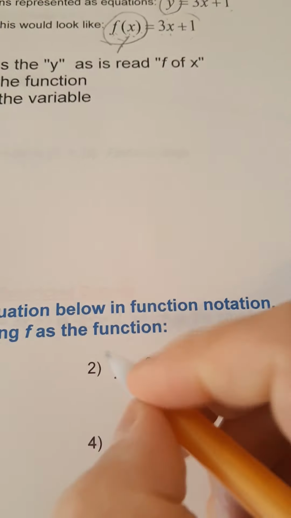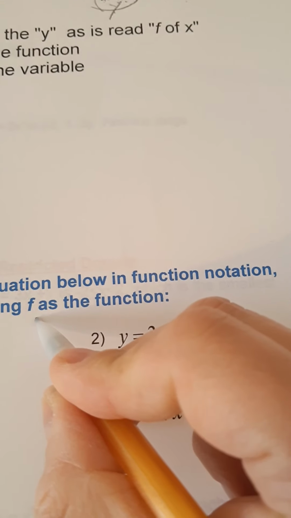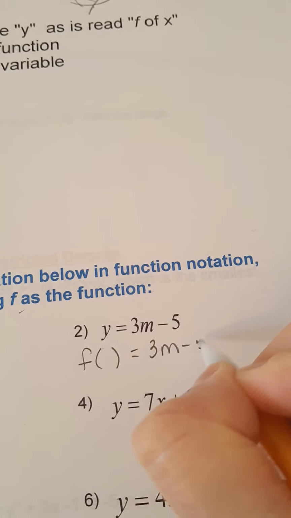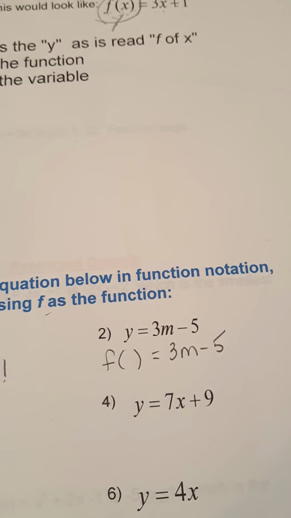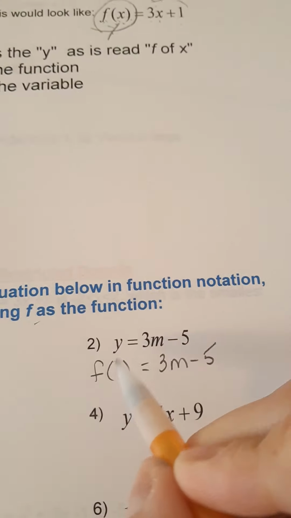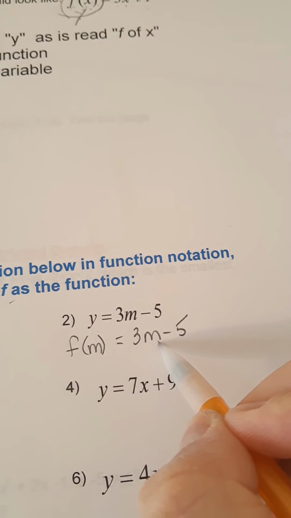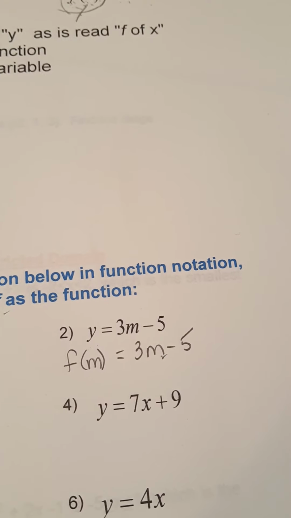So then number 2, you're using f as the function. 3m minus 5 is the equation, the function. So in the parentheses, I'm going to put m because m is given in the problem. And that is it. Literally, that's all we're doing.